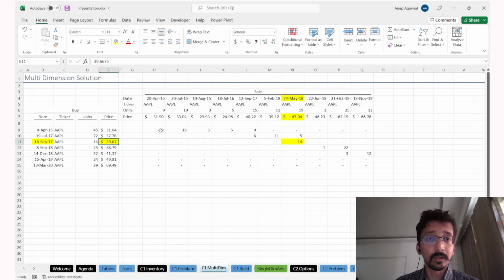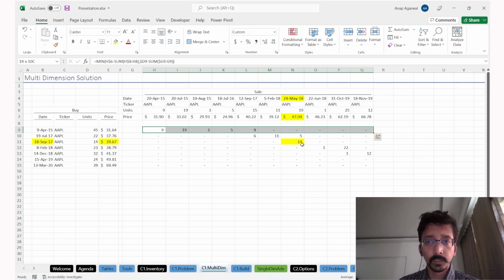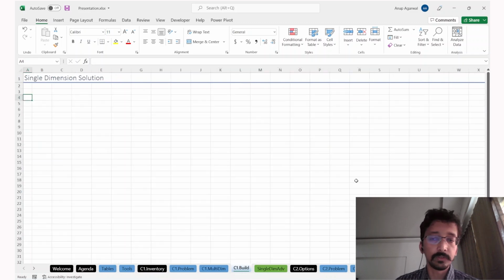And so what are these? I think close to 12 or 15 different rows for a combination of buy and sell, and that is what we want our table to be able to see. So we will now build that solution.